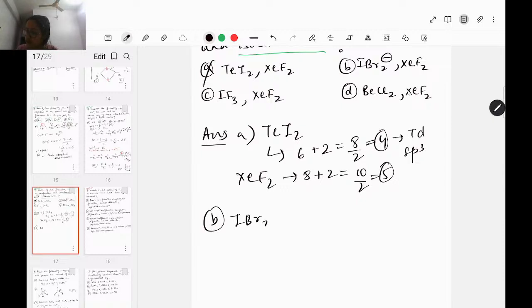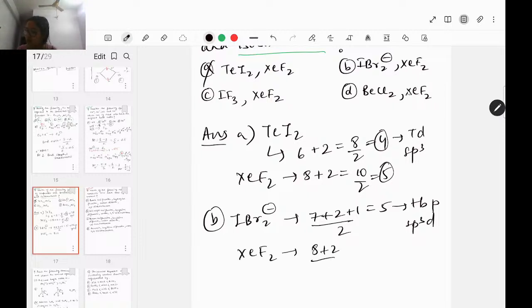B. IBr2 minus, which is 7 plus 2 plus 1 by 2. 7, 8, 9, 10 by 2 is 5, which is TBP, which is sp3d. What about HCF2? It is 8 plus 2 by 2 which is 10 by 2 which is 5, and this is TBP again. So this is isostructural.